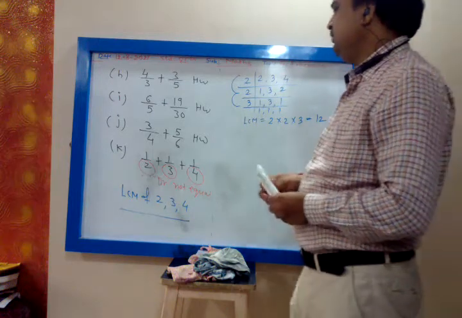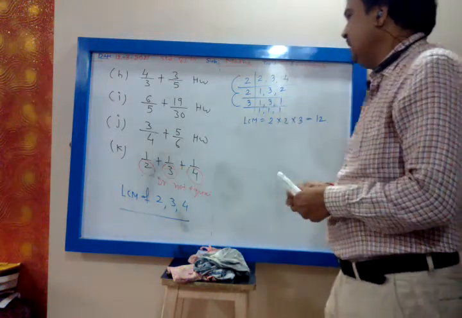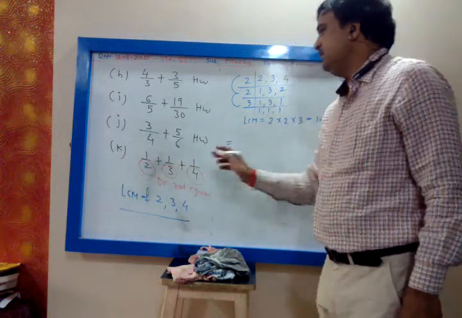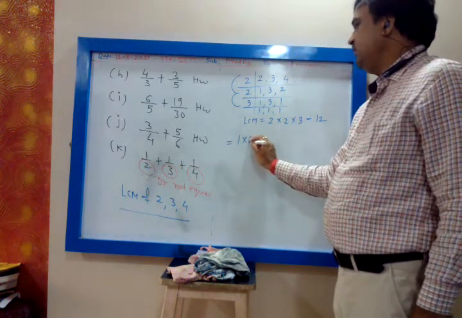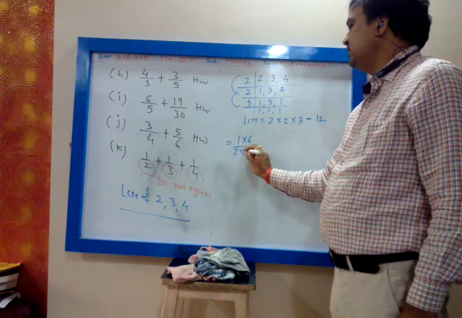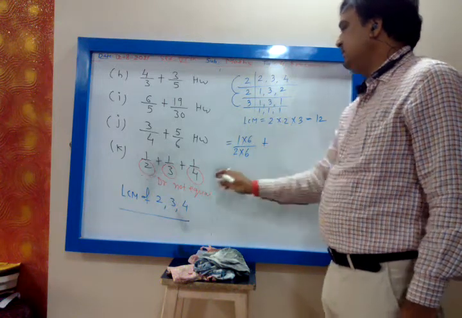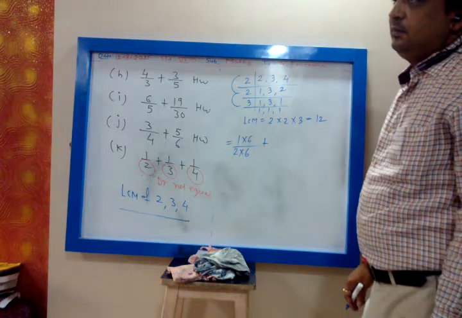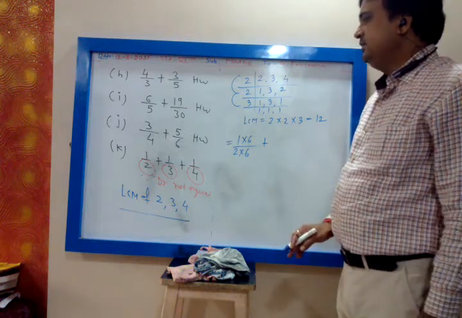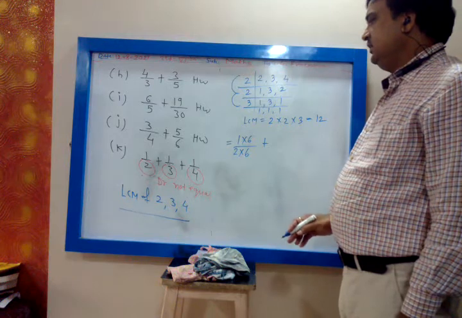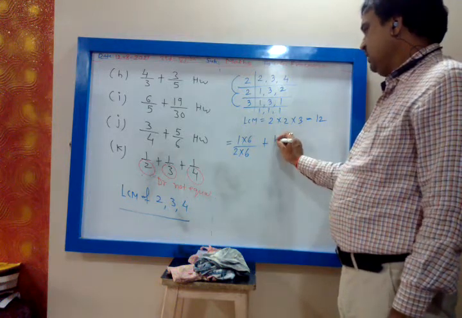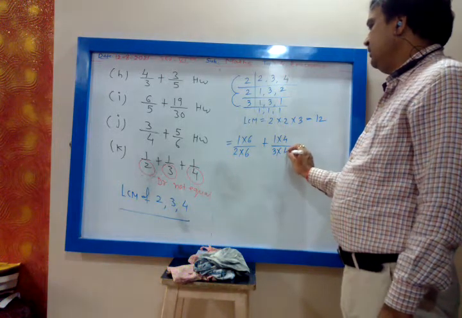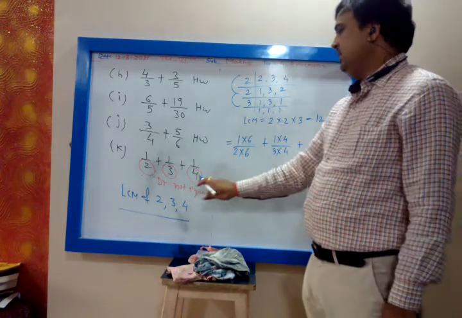Now we have to make the denominator of each one 12. So this is 1 by 2. I have to multiply by 6. So 1 into 6 upon 2 into 6, plus this is 3. We want denominator 12, so 1 into 4 upon 3 into 4, plus this is 4.